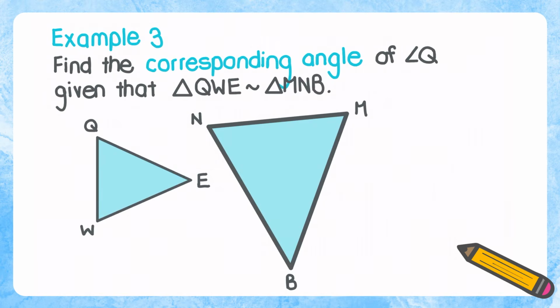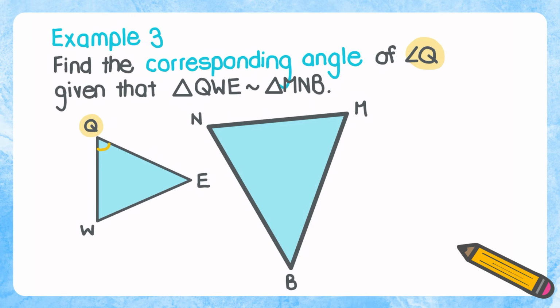Try this example on your own and then press play when you're ready to compare answers. So you're going to find the corresponding angle of angle Q, given that triangle QWE is similar to triangle MNB. So we're looking at angle Q, which is this angle right here.